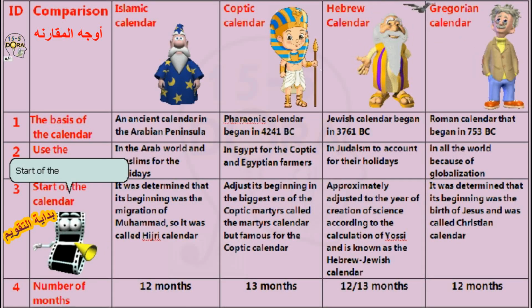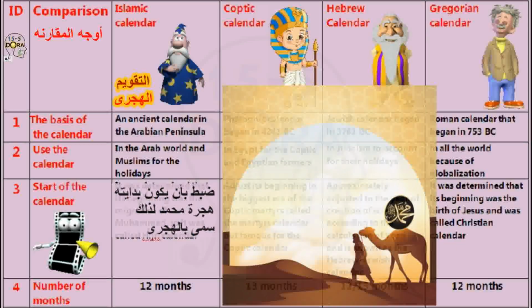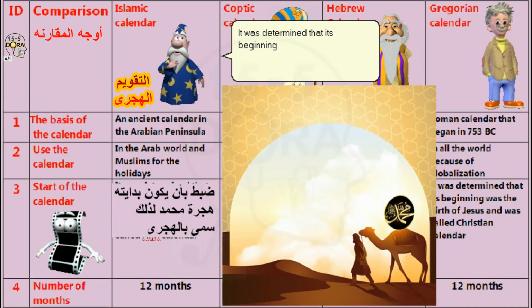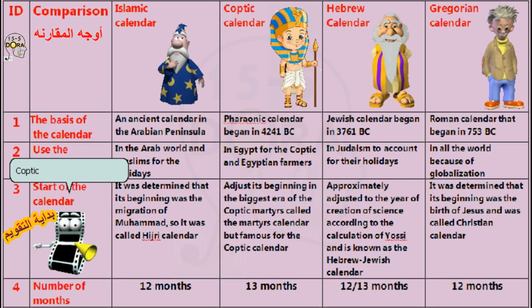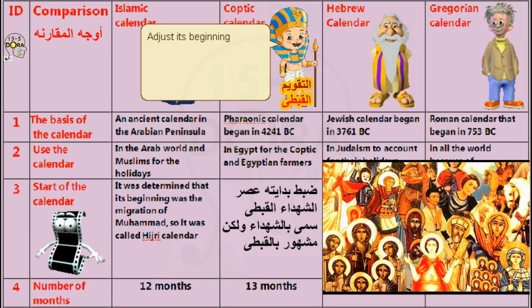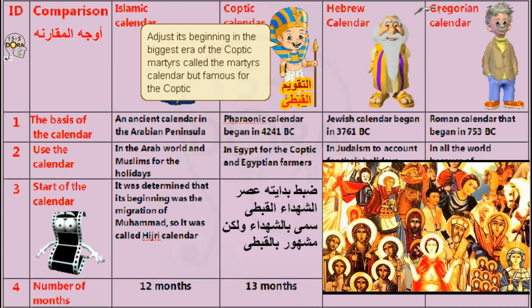3. Start of the calendar. Islamic calendar: it was determined that its beginning was the migration of Muhammad, so it was called the Hijri calendar. Coptic calendar: its beginning was set in the era of the Coptic martyrs, called the Martyrs' Calendar, but famous as the Coptic calendar.